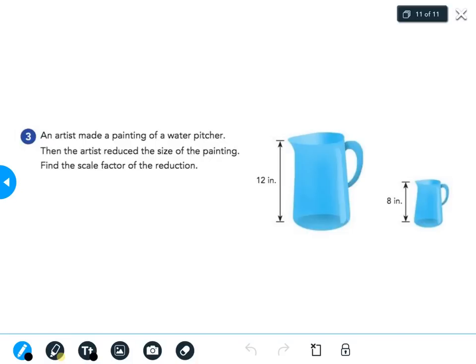Okay, let's try this one. An artist made a painting of a water pitcher. Then the artist reduced the size of the painting. Find the scale factor of the reduction. So this is getting smaller, so our scale factor is probably going to be a fraction because it needs to be less than 1 whole. So if we take our scaled over our actual, so this is the scaled because it was reduced, over our actual, and we reduce these so we can divide both of these by 4.